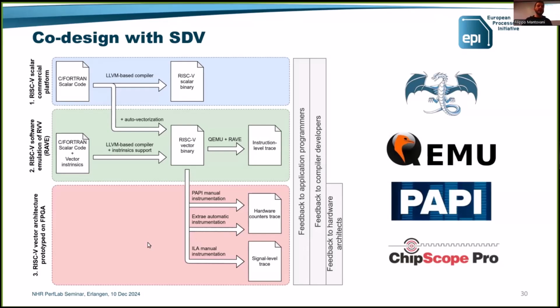Okay, so when I say the actual hardware, I mean the test chip that I showed you before in the image and an FPGA implementation that is the brother. So they are basically the same thing at different frequency. Okay. Here we use standard tools: LLVM, QEMU, PAPI, and ChipScope for internal logic analyzing.